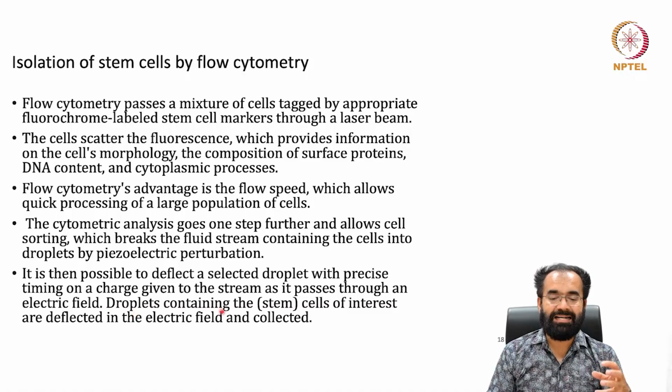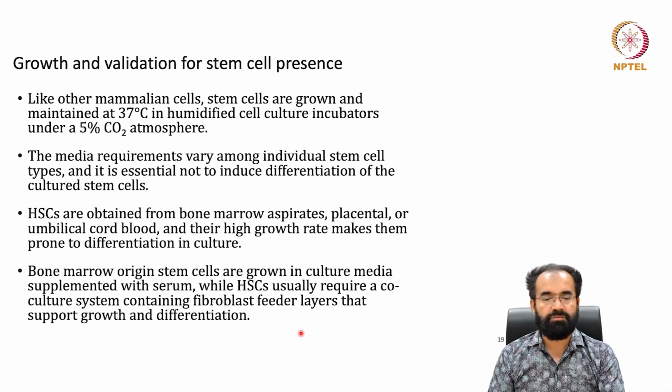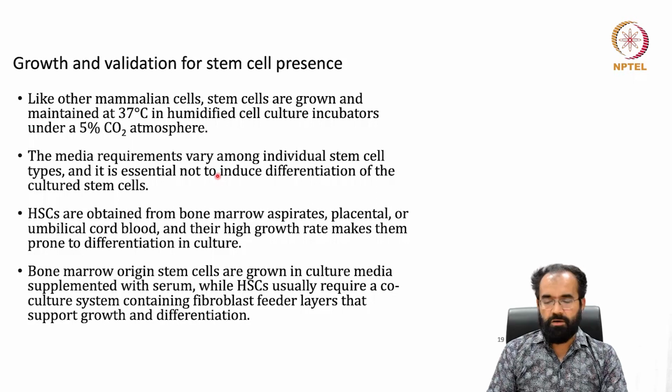Every cell is present in a given droplet, and that droplet has stem cells also, and these stem cell-bearing droplets are deflected in the electric field, which can be collected, and you can culture them or observe them, etc.